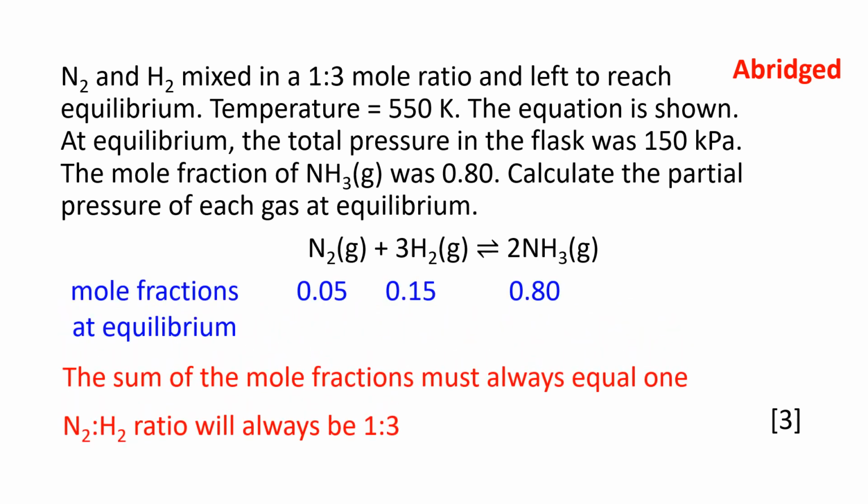We are told in the question that the mole fraction of ammonia in the equilibrium is 0.80, so the sum of the mole fractions of nitrogen and hydrogen must be 0.20. The mole fractions of nitrogen and hydrogen must be 0.05 and 0.15 respectively, since they are present in a 1:3 ratio.